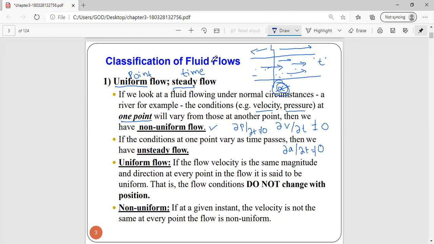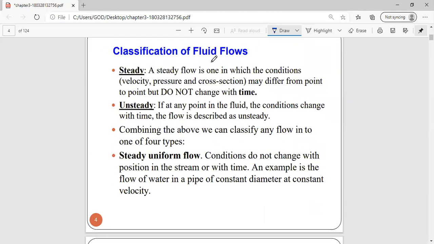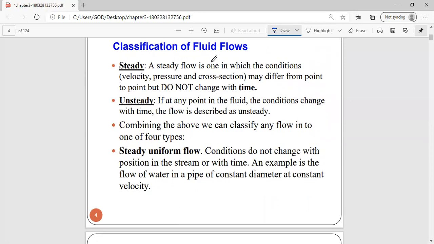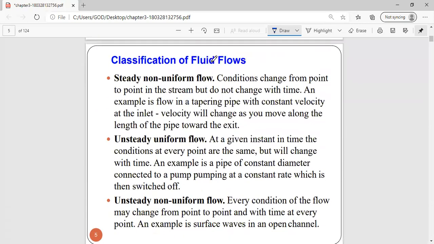Okay, now we'll go further. Whatever we discussed there, the same thing is mentioned here. I'll share this PPT for your benefit. I added that also. Now, some fluid flows can mix both, because we studied steady flow and unsteady flow separately, uniform and non-uniform separately.